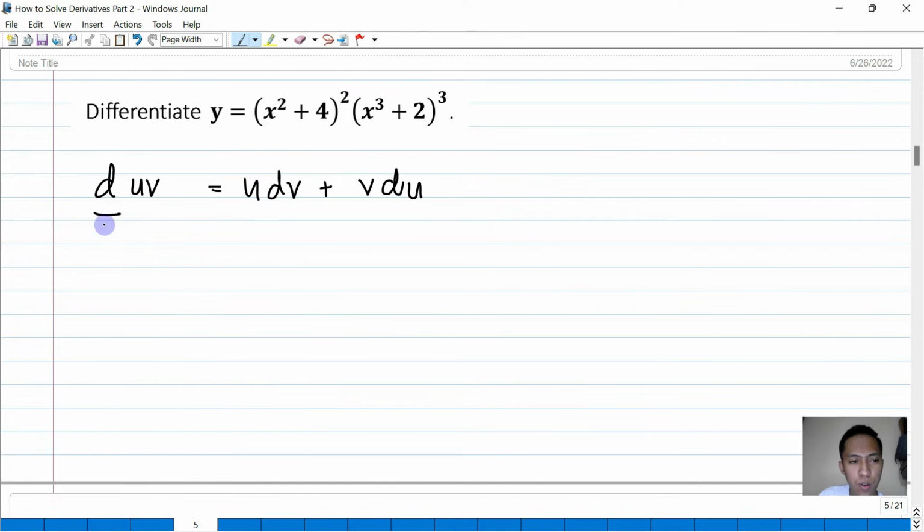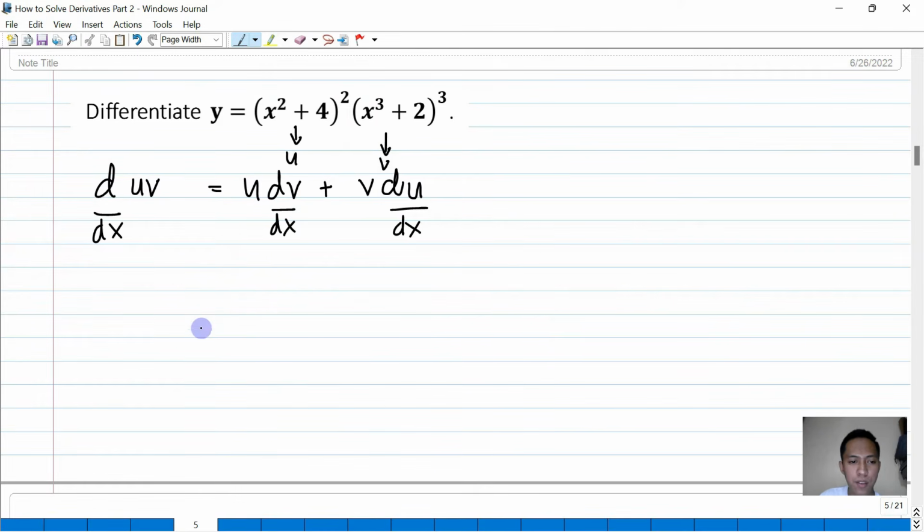Okay, so those are all with respect to your independent variable. Kahit anong variable, guys, dito yung representation natin, x siya. So sa problem natin, x talaga yung ating independent variable. So we have here the derivative of uv with respect to x. So dito, ito yung magiging u natin. So this is u and this is v.